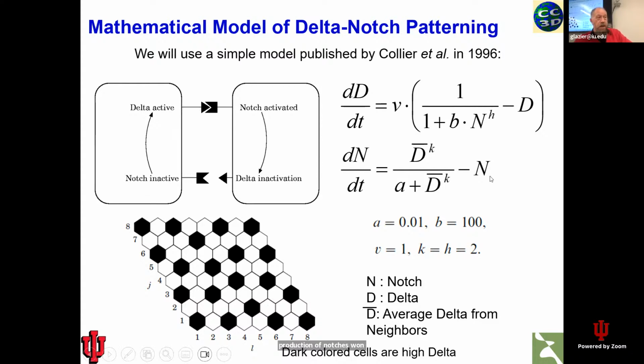And I have decay of notch at a constant rate. So if delta in my neighbors is very high, my value of notch is 1. If my value of notch is 1, that knocks down my value of delta. And so I'm going to get a seesaw. Now, the exact parameter values matter a little bit.